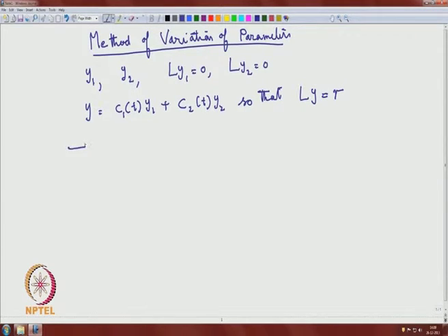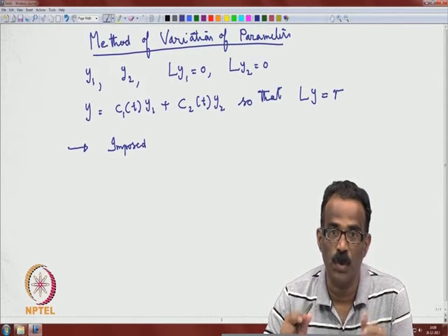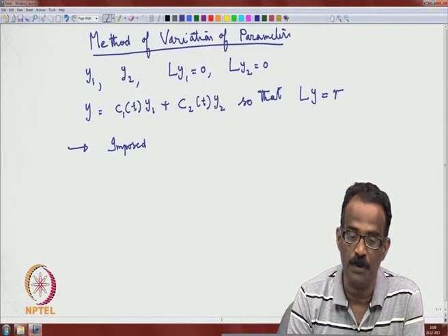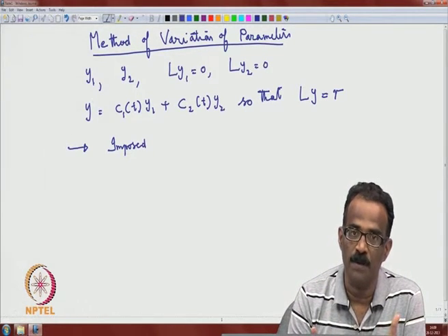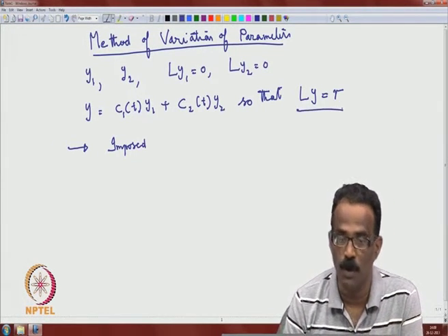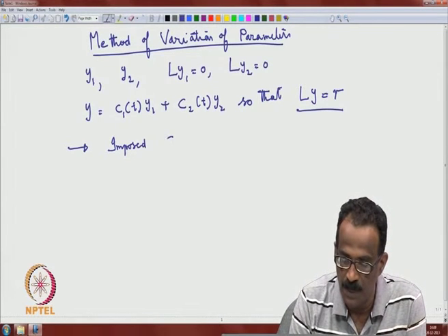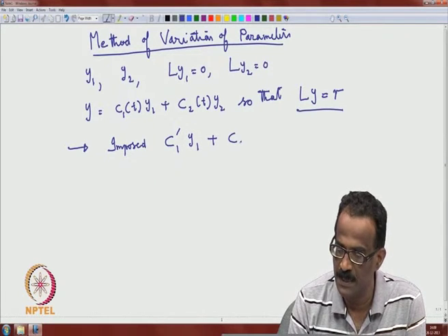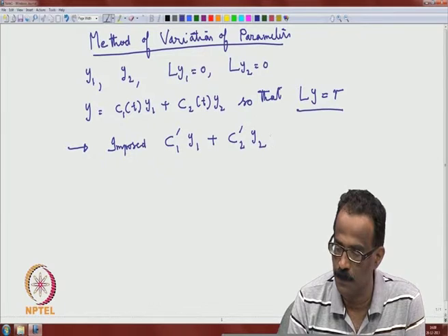What I have requested you to do is a computation, and after doing the computation we imposed a condition, because we have to determine C 1 and C 2 as functions of t. So, we require two conditions. First do the computation of L y by computing y prime, y double prime, and substituting in L y equal to R. We imposed the condition C 1 prime y 1 plus C 2 prime y 2 is equal to 0.